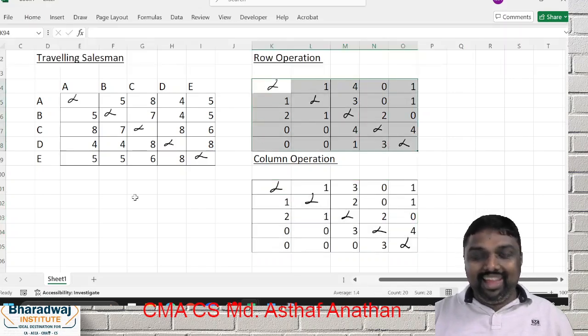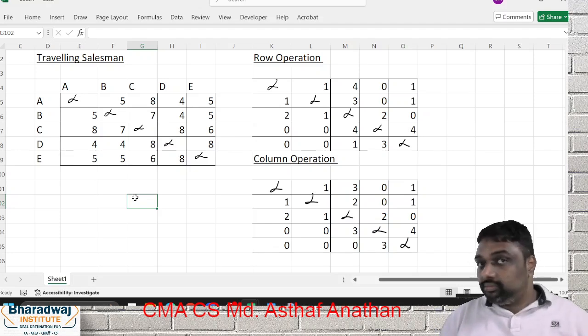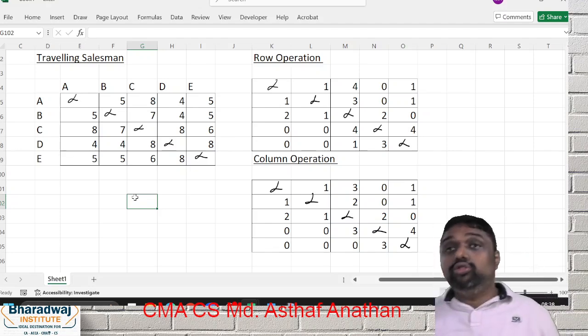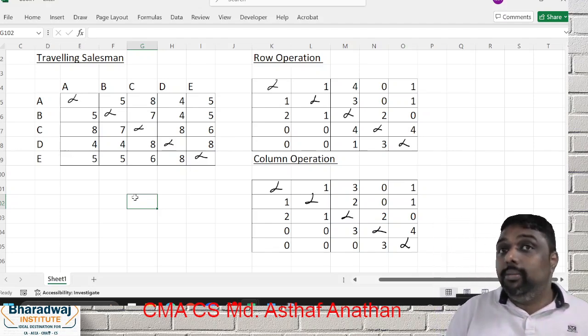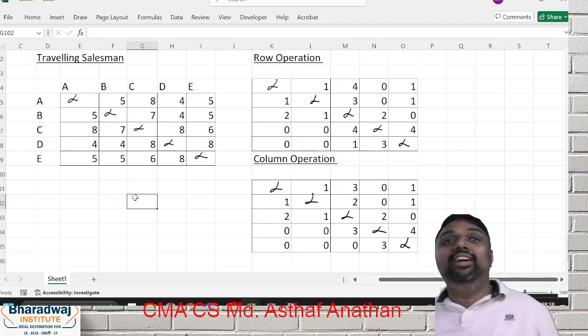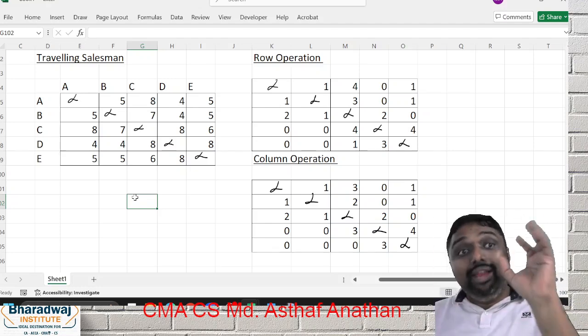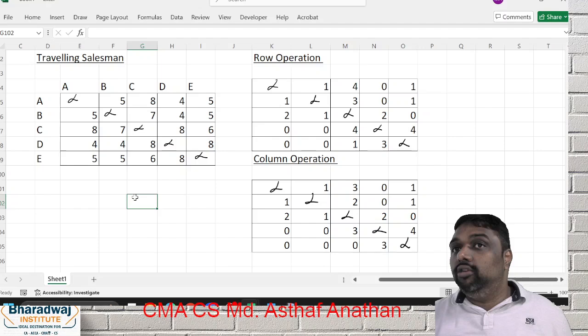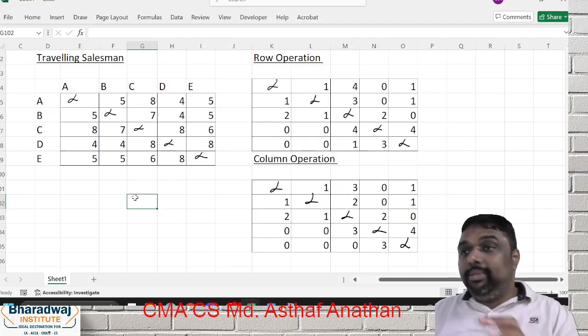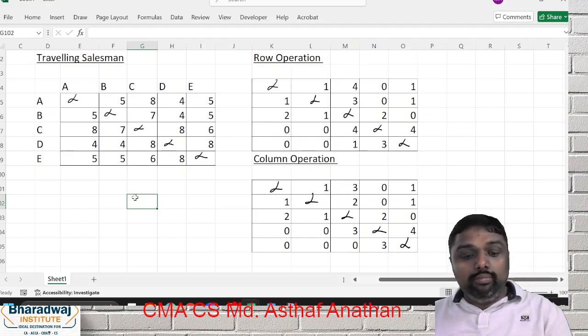What is our main area? Can you just recall? We have to cross all the zeros with a minimum number of lines, either horizontal or vertical. If optimality is not reached, you have to go for the improved matrix.